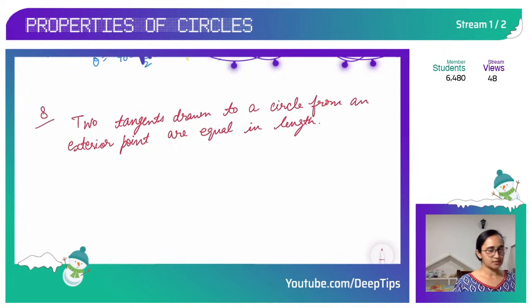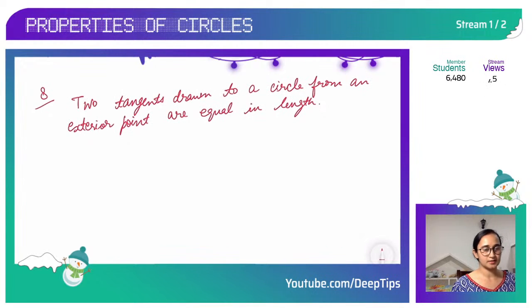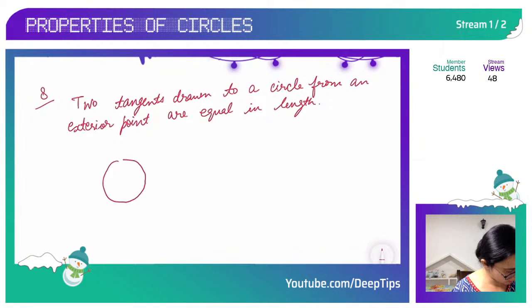Okay, two tangents drawn to a circle from an exterior point are equal in length. So let's try to understand how it is derived. So here is my circle, and I have to draw two tangents.